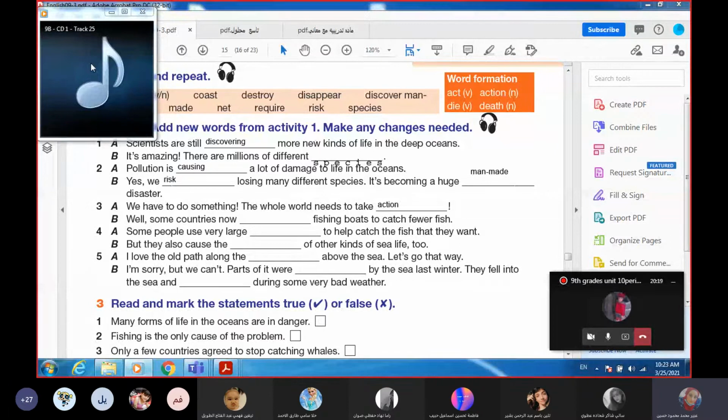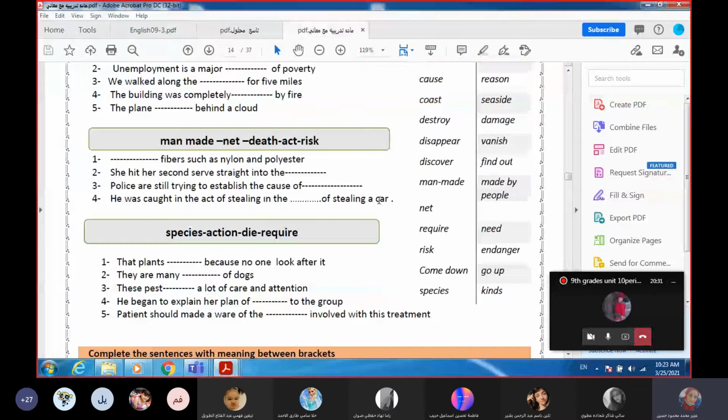Now we are going to listen again, then introduce their words and meanings. Unit 10. Period 4. Activity 1. Cause, reason. Coast, seaside. Destroy, damage. Disappear, vanish. Discover. Man-made. Net, the fishing net. Require.